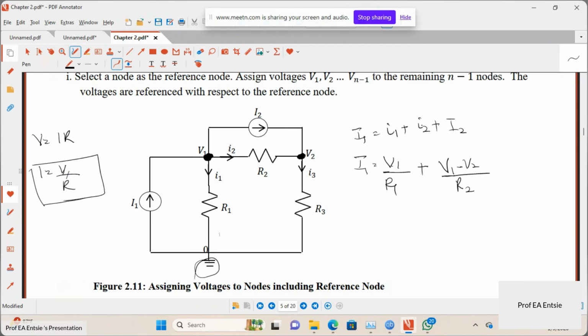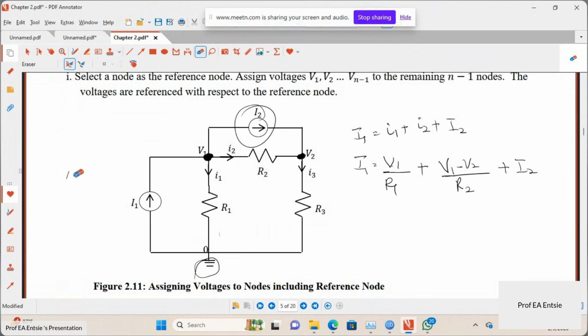Then plus capital I2. Don't forget I2 too is a current source, so they will give you a value for it. With this, you are done with node 1, where you've allocated V1.